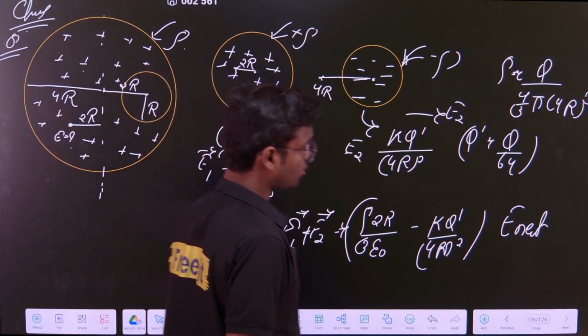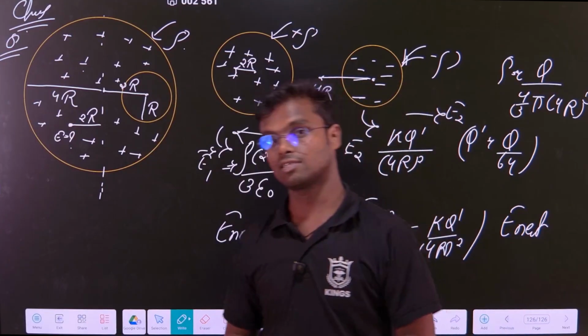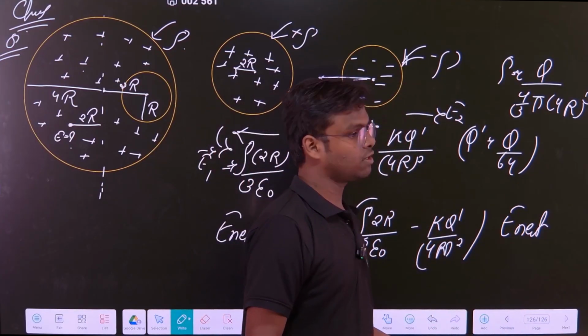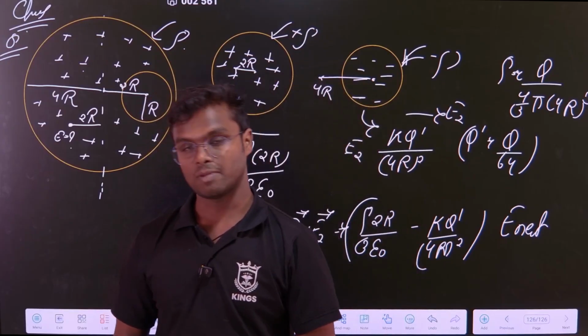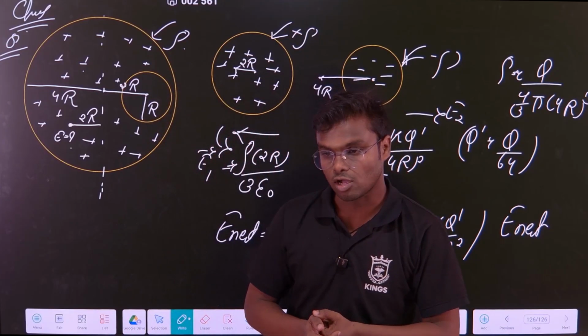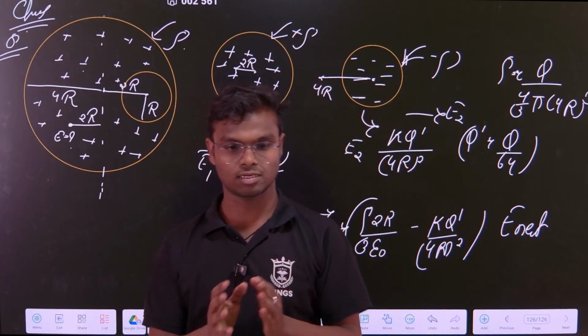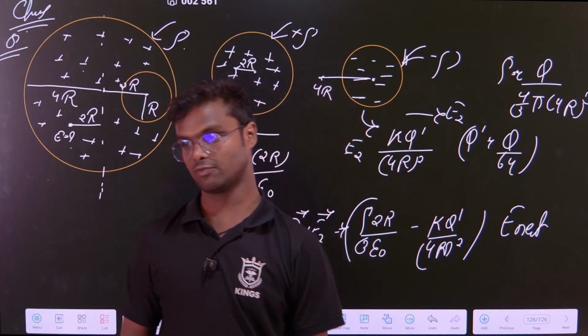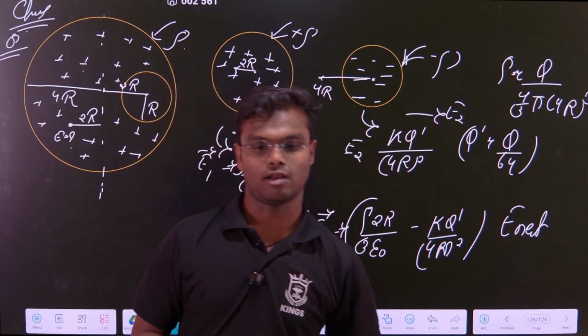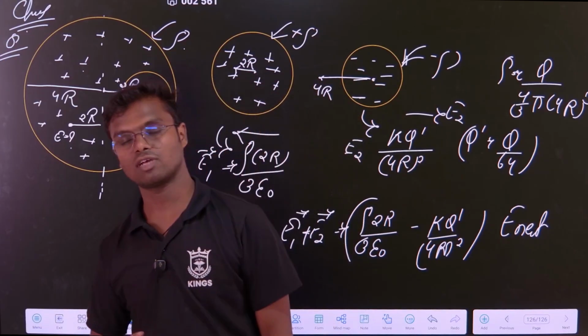Clear? So in this session, we have basically seen all the formulas and applications that we learned in the last session. This is how we completed the conductor part, which is a very large portion of electrostatics. Now you can practice any question from any book or anywhere.